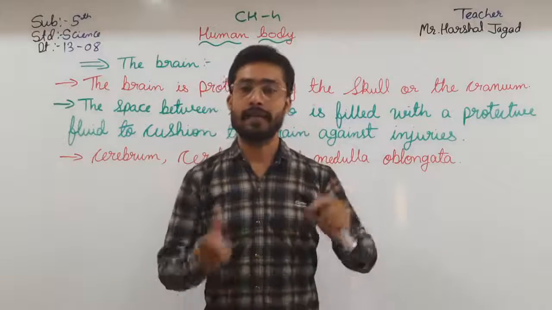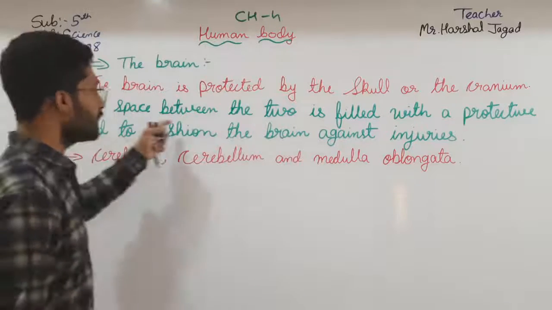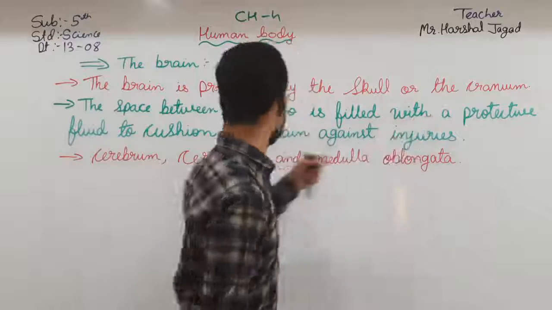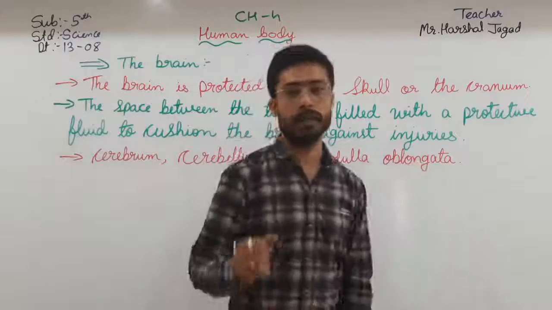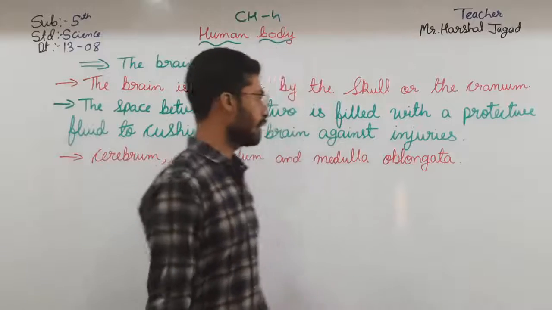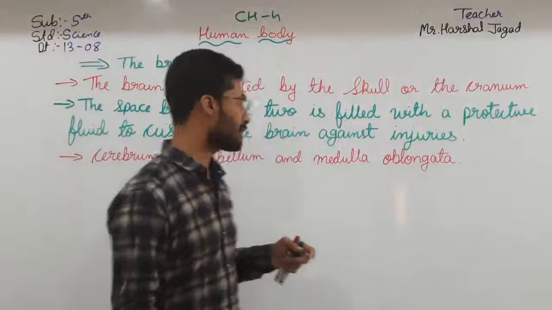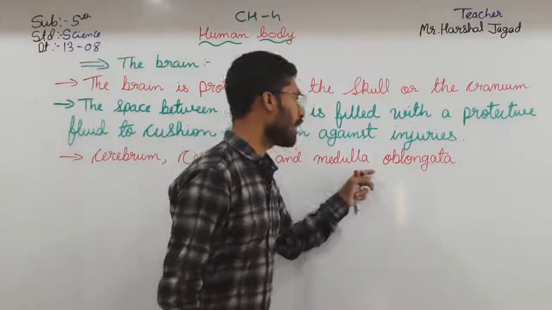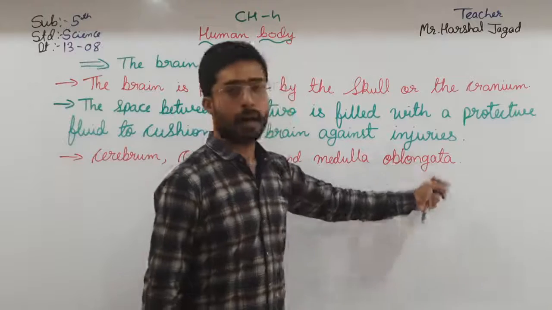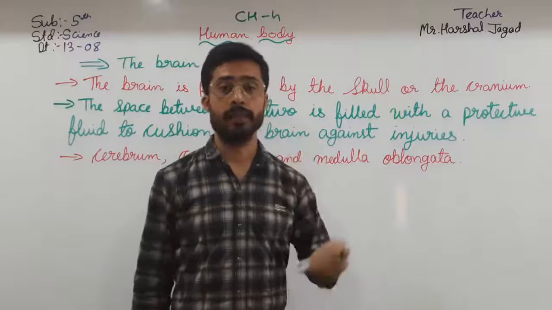So the space between the two is filled with a protective fluid to cushion the brain against injury. And thirdly, the brain is divided into three parts: cerebrum, cerebellum and medulla oblongata. These are the three parts of the brain.